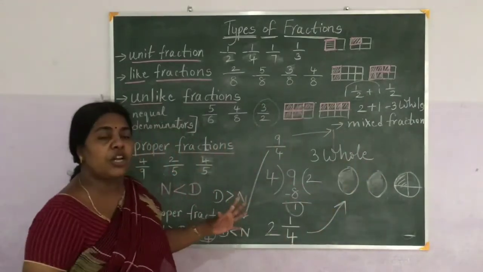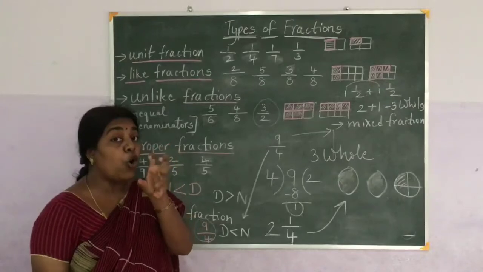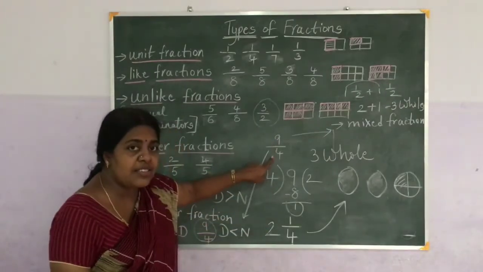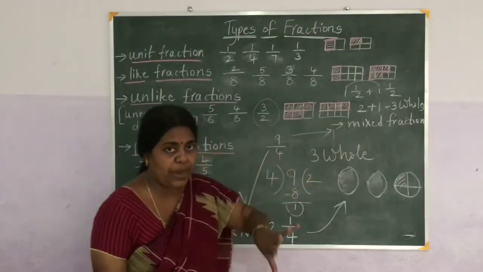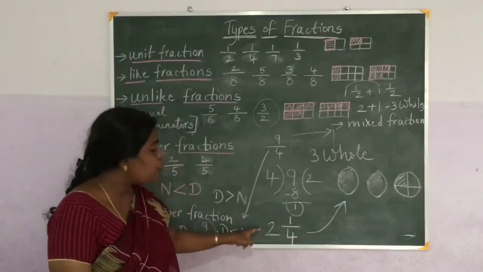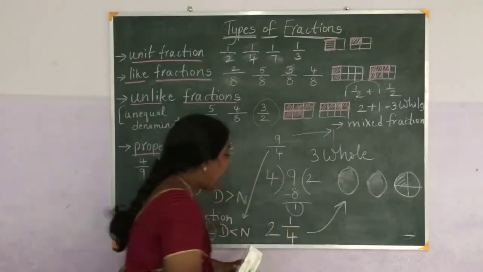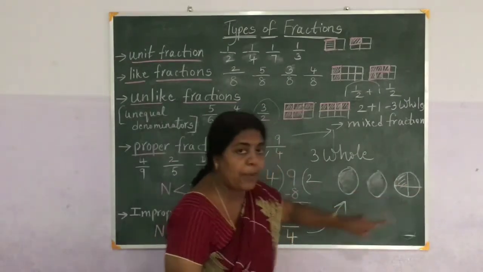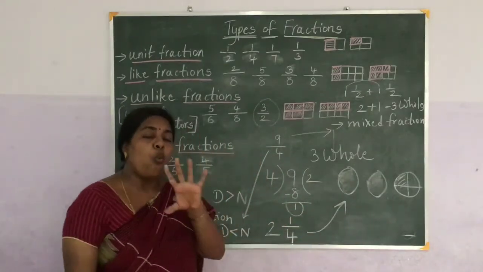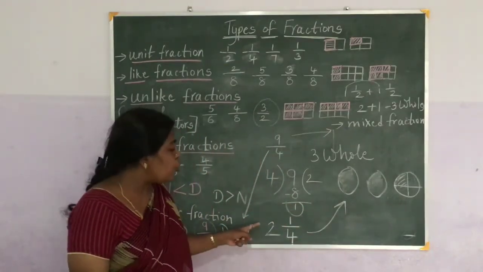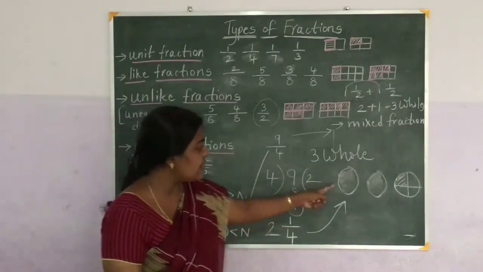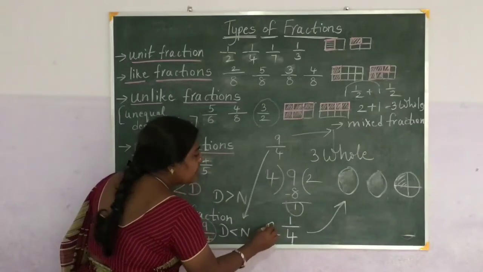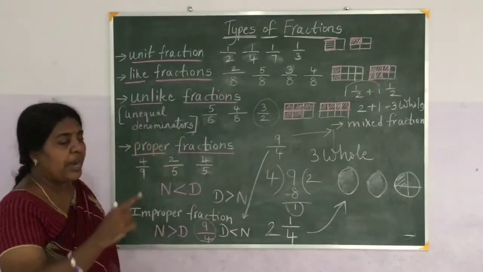And 9 by 4 means in 3 whole chapatis we are taking 2 full chapatis, and the third chapati is divided into 4 equal parts and out of that 1 I am taking. So 2 1 by 4 is the mixed fraction for 9 by 4.